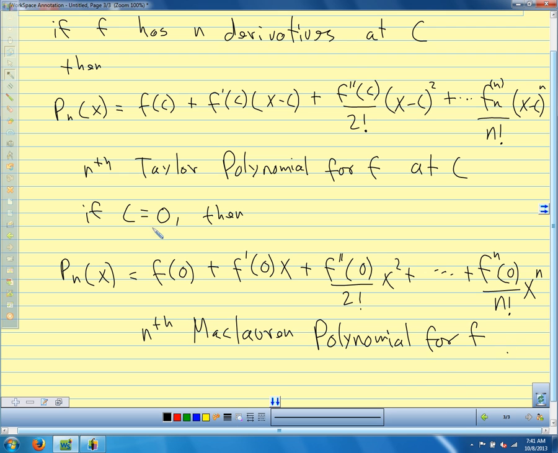And here we're expanding about c equals 0. So Maclaurin polynomials are a little neater, a little tidier, because we don't have this x minus c. We just have an x in there.